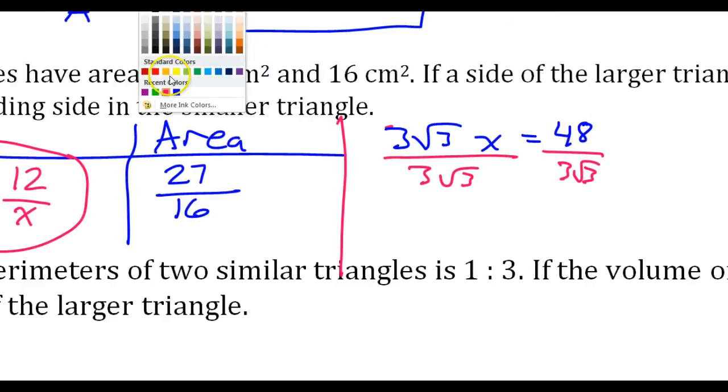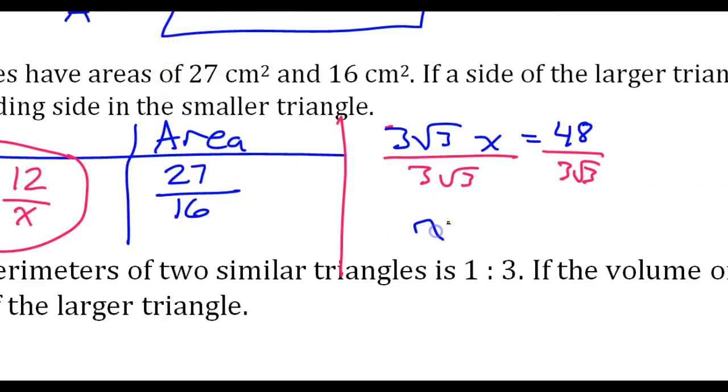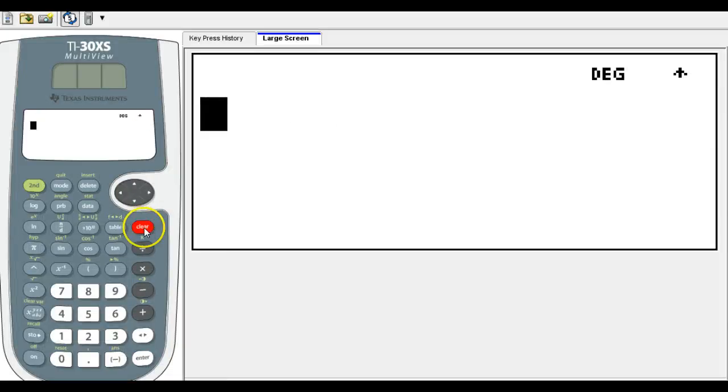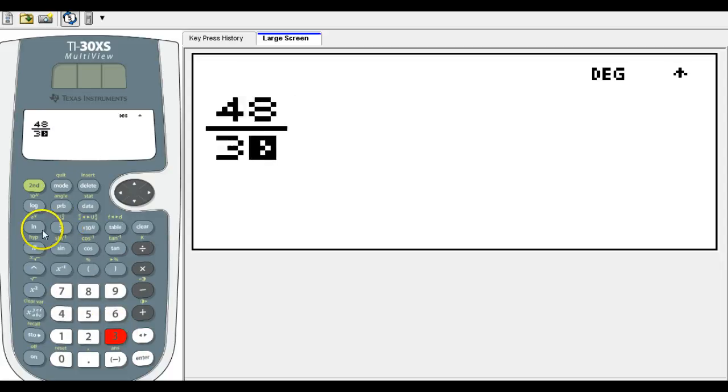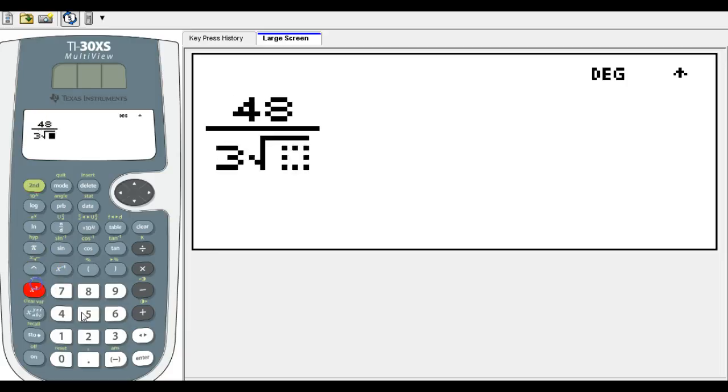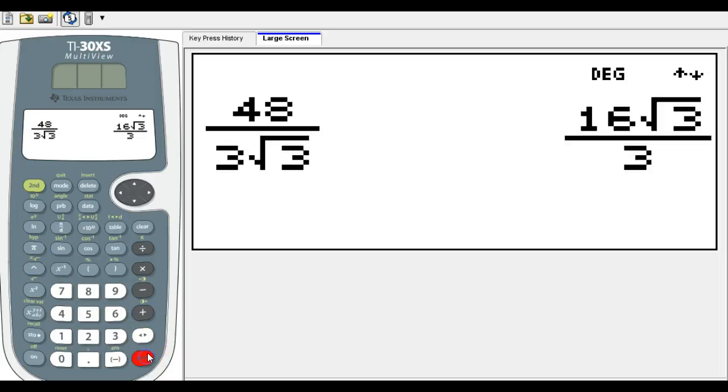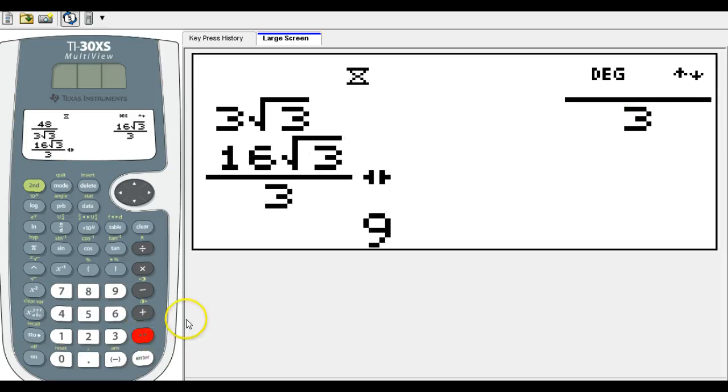Okay? And that's going to give you your answer. And then you can round at the end. So 48 over 3 radical 3. I heard 28.07. Okay? So that's the exact answer if anybody ever needed it.